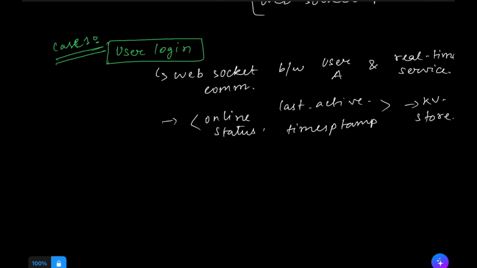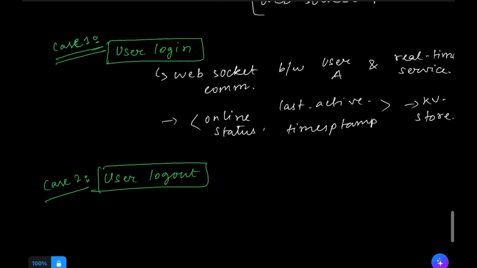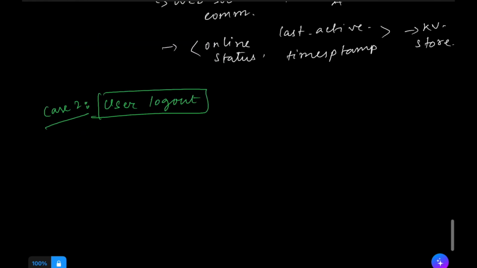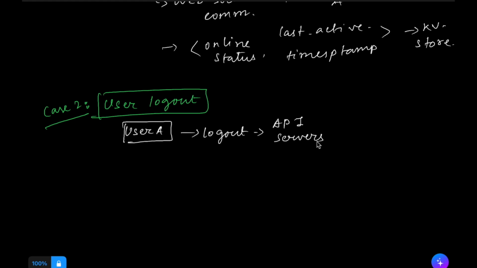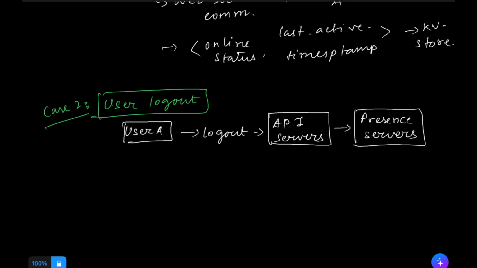So in this way, for a particular user who logs in, the online presence is displayed. For a particular user who logs out, suppose user A is logging out, it sends the request to the API server to authenticate the logging out, and the API servers in turn communicate with the presence servers to update the online or offline status, and thus update the key value store.